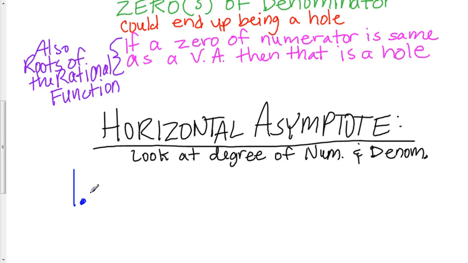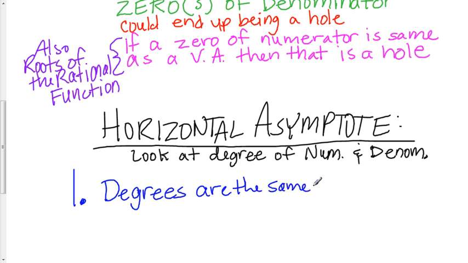The first thing that could happen is that the degrees are going to be the same. If that is the case, then your horizontal asymptote is going to be y equals the leading coefficient of the numerator over the leading coefficient of the denominator.